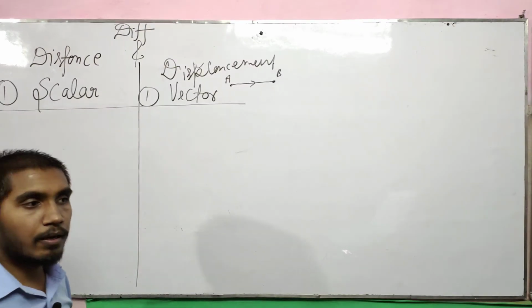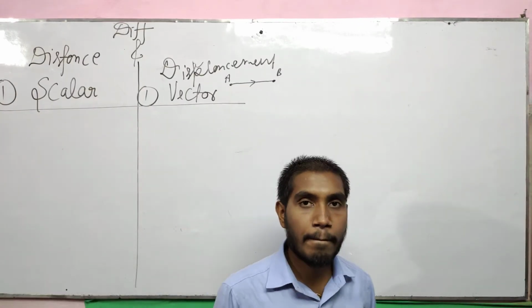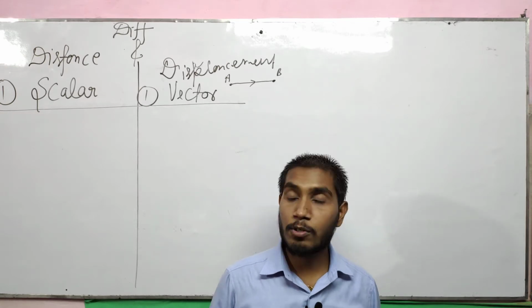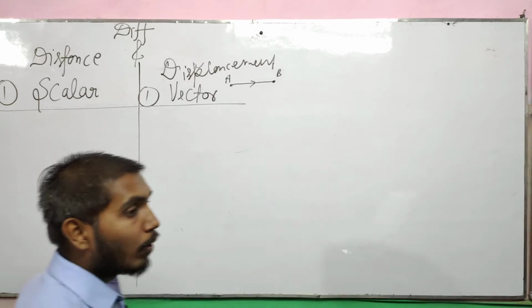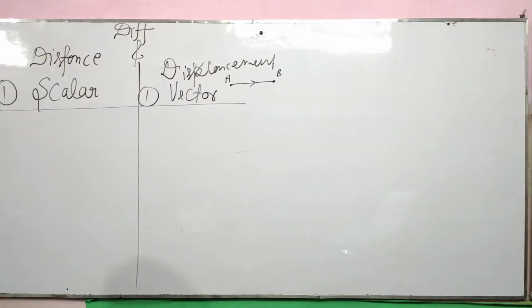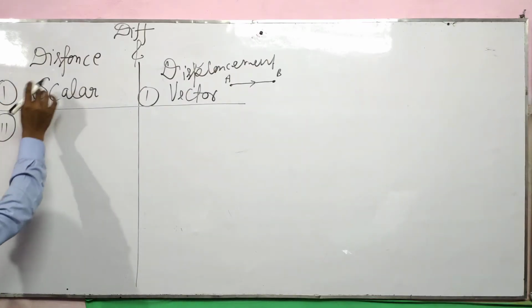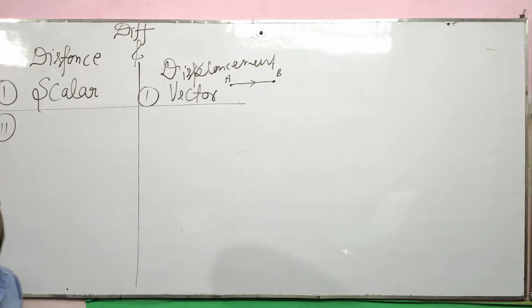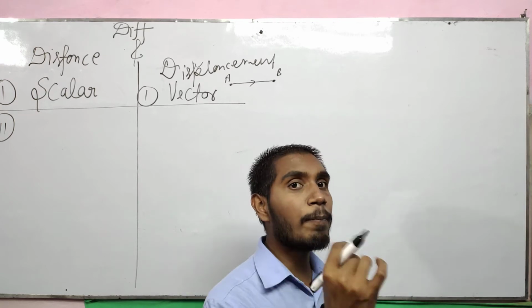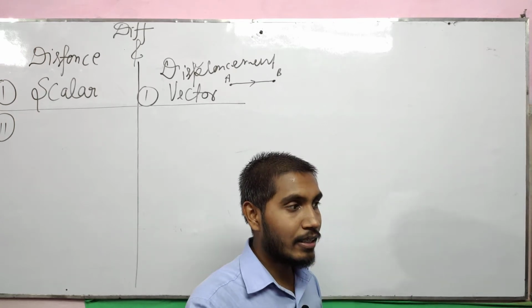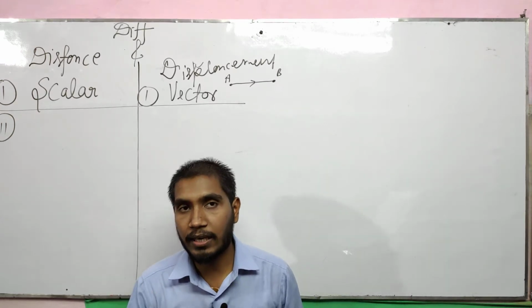What is the second difference? Distance is the length of the actual path traveled by the object.